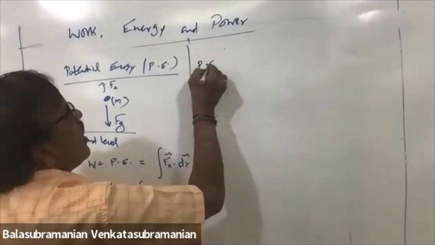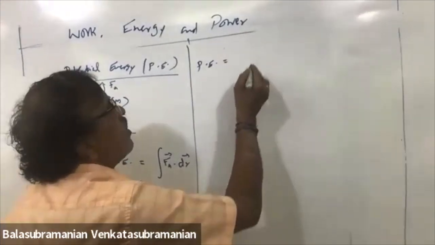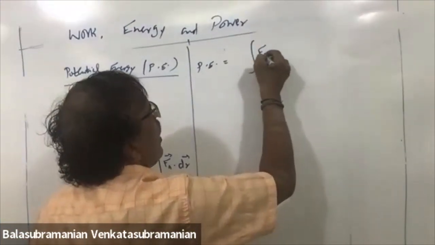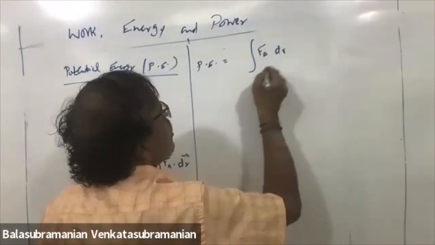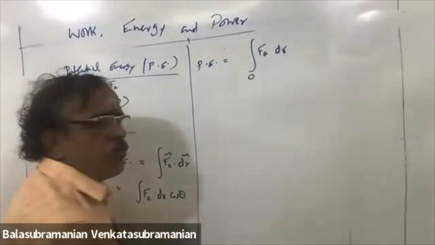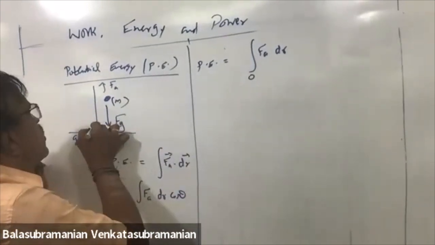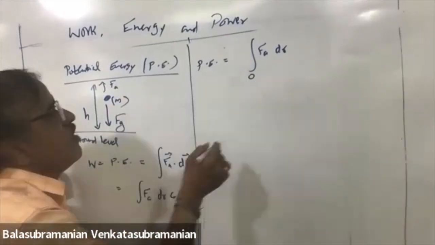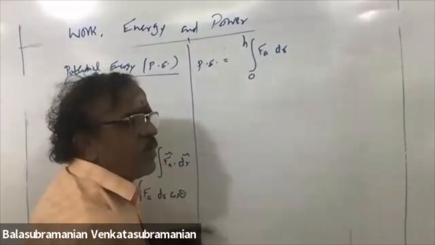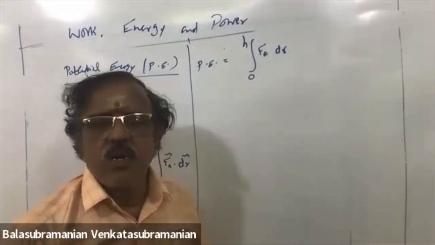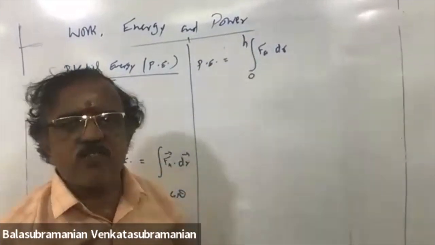Potential energy is equal to integral F_a dr, cos 0 is 1. You are moving the body from the ground level up to a height h, so 0 to h is the limit of integration, minimum value to maximum value.